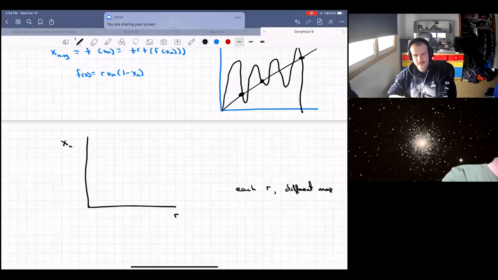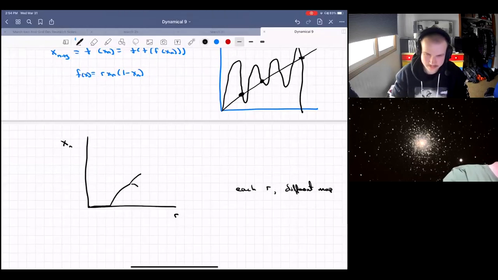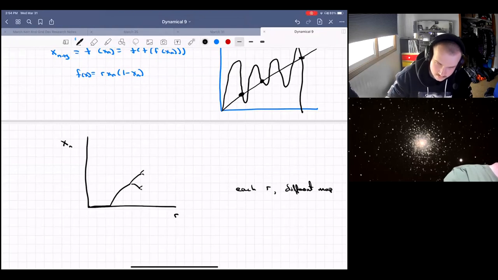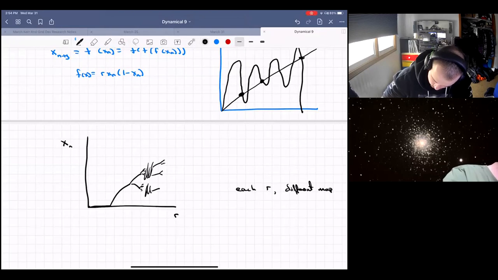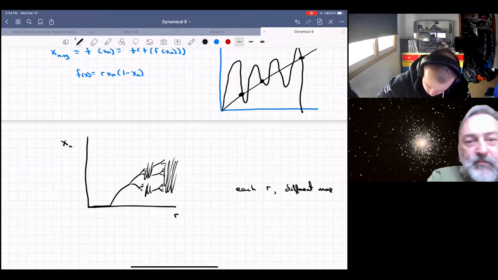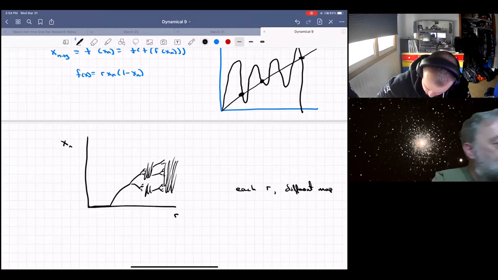But the thing that's interesting about it is that we have this go for a while, and then it doubles, and then doubles, and then these guys double, and then we have this chaotic region, and then we have this 3 cycle that shows up, and then these double, and then they double on top of there, and then we get the chaotic region again. We get these different windows that open up inside of here.